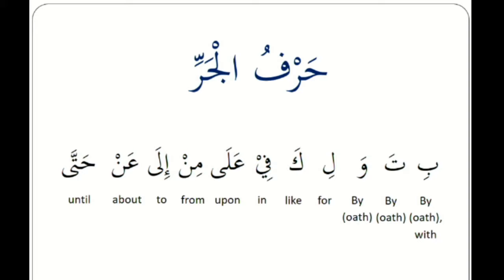Not wallahi uqsum, it's wallahi. That actually means wallahi. So wallahi qasam means by Allah, an oath. Okay, so that is it?